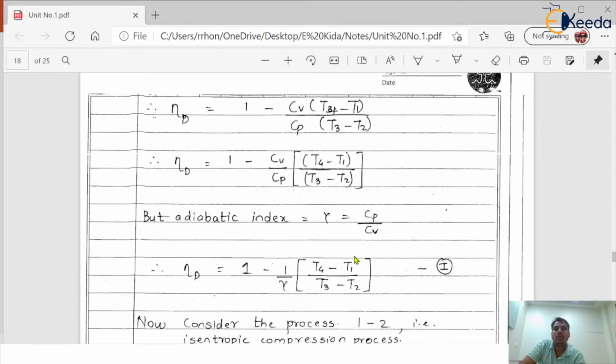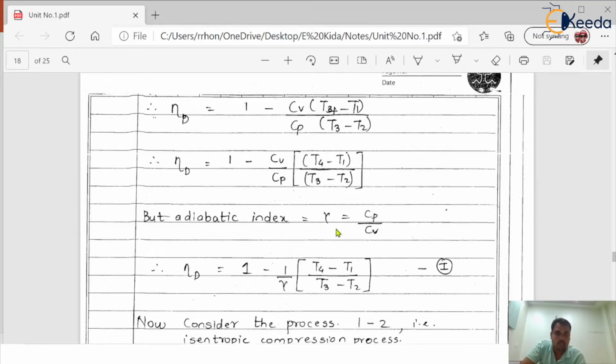Now, for further simplification of the diesel cycle efficiency, we have to write the adiabatic index. We know the adiabatic index is gamma. Here again you require basic knowledge of thermodynamics. Gamma is nothing but Cp by Cv, the ratio of specific heat at constant pressure, Cp, and specific heat at constant volume, Cv.